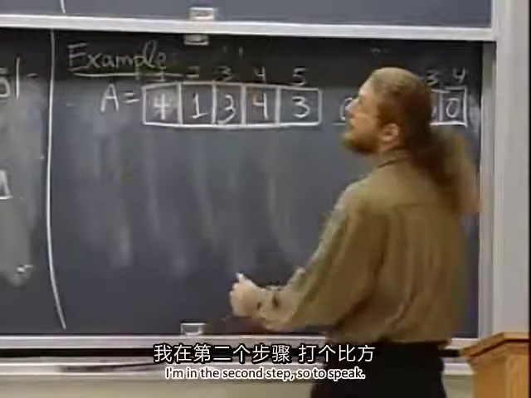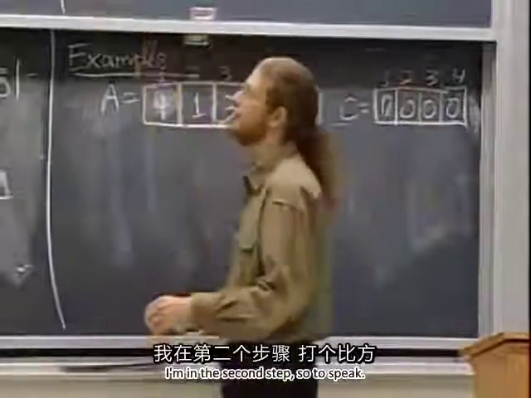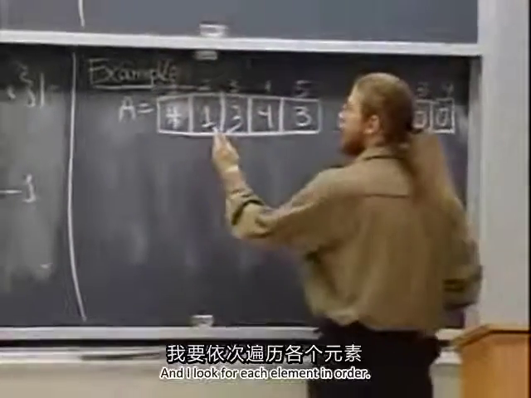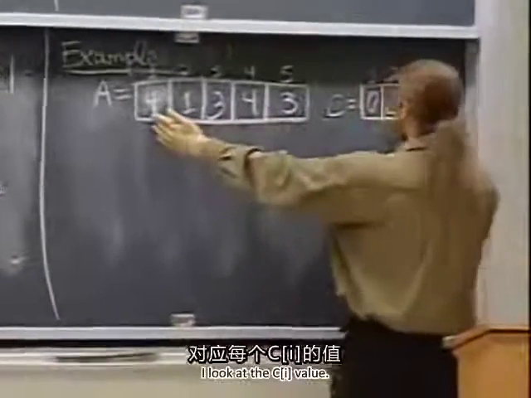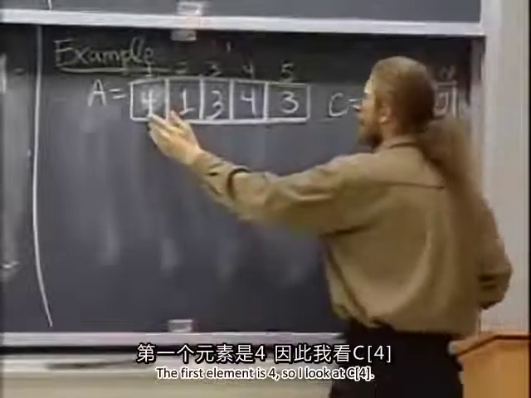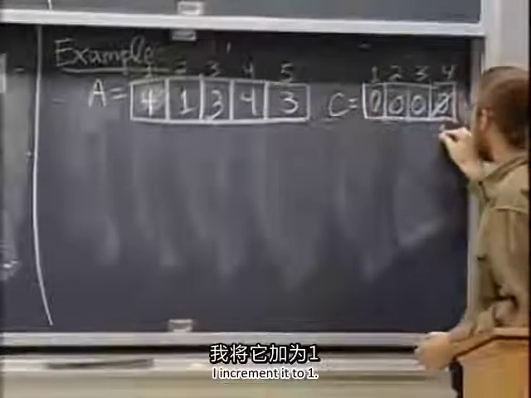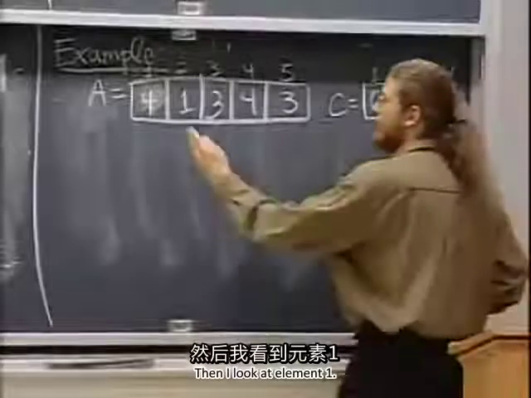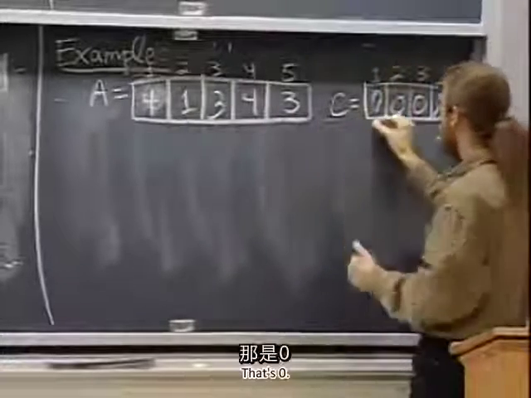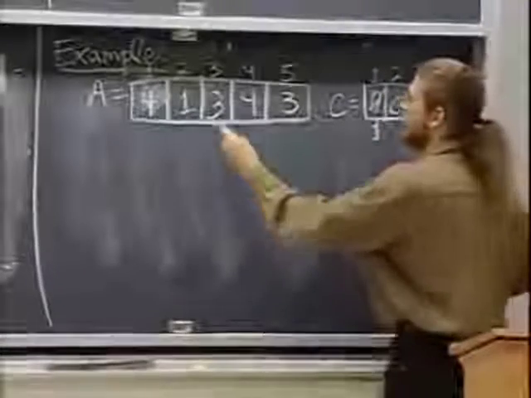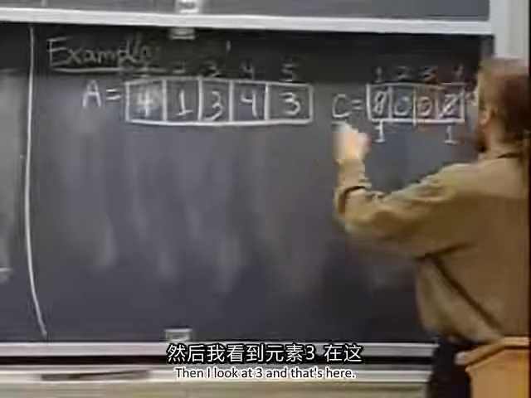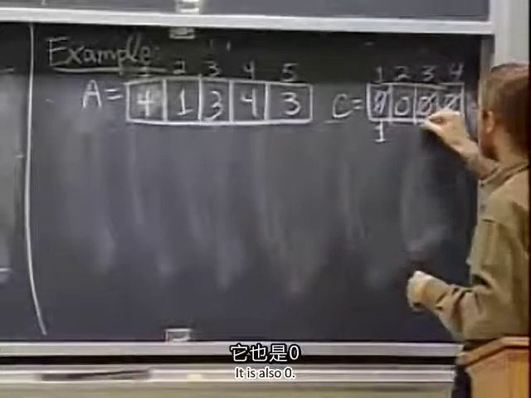I'm in the second step, so to speak, and I look at each element in order. I look at the C[i] value. The first element is 4, so I look at C[4], that's 0. I increment it to 1. Then I look at element 1, that's 0, so I increment it to 1. Then I look at 3, and that's also 0. I increment it to 1.